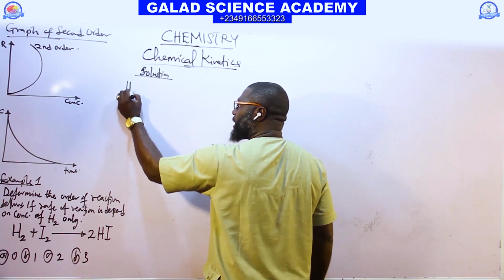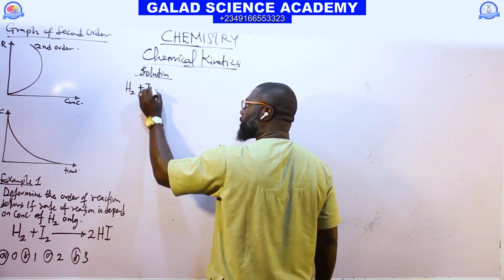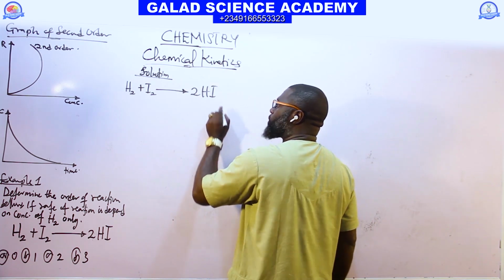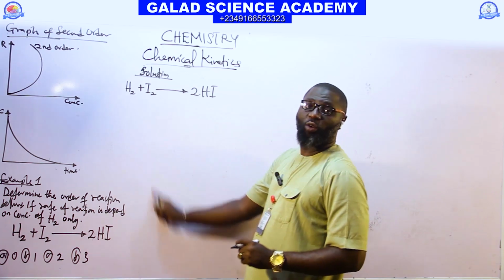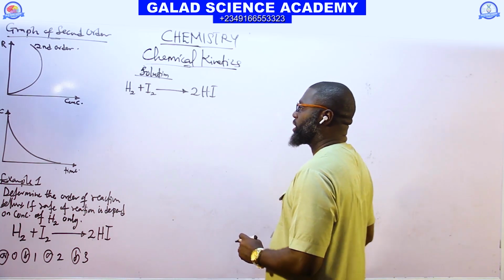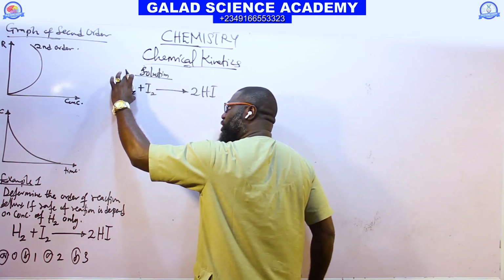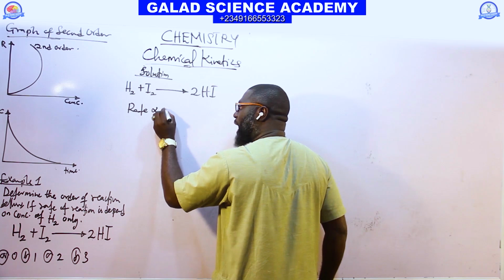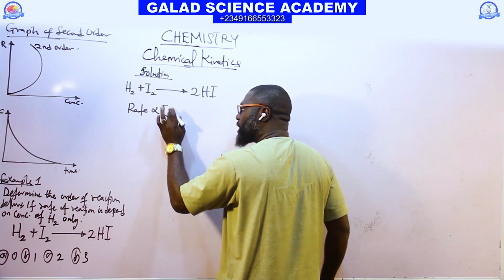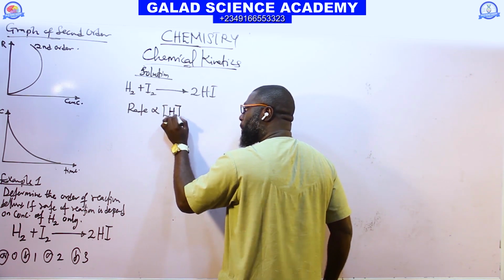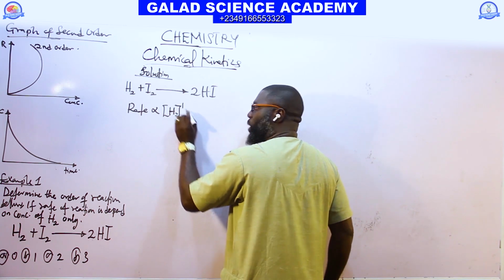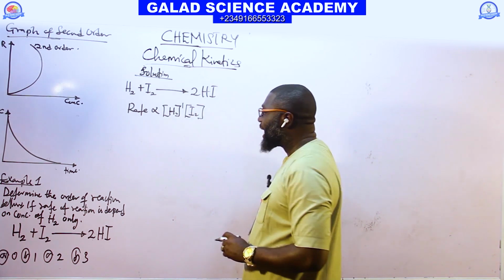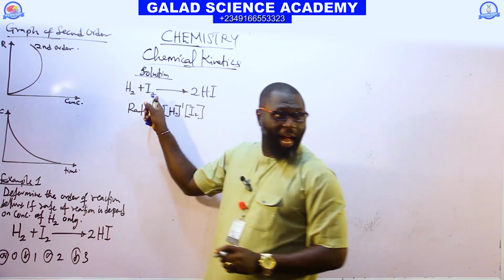We are given this equation. We are now asked to find the order of reaction, and the rate depends on hydrogen only. So when rate depends on hydrogen only, the order is 1. And that simply means rate has nothing to do with iodine.